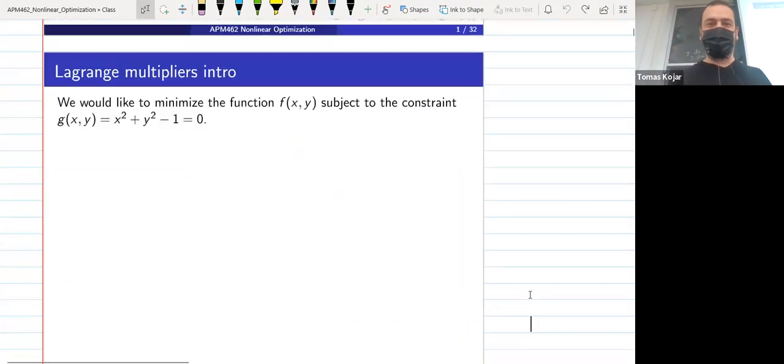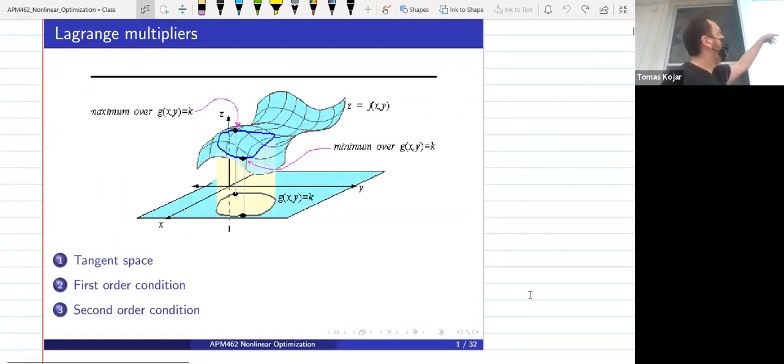All right, so that's the picture. You have a surface and you have a constraint given by this function g, and then you want to find the minimizer on the blue curve. You see this little blue curve over there?